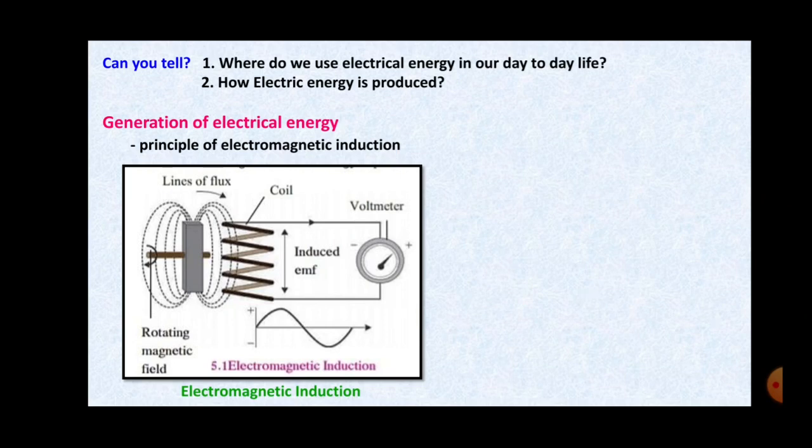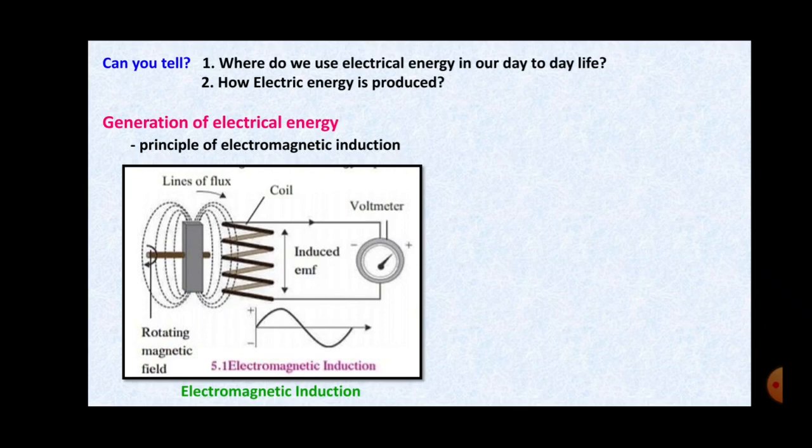Now, here the field can be changed around a conductor in two ways. Either keep the conductor stationary and rotate the magnet, or keep the magnet stationary and change the field around the conductor. In either way it can be done.